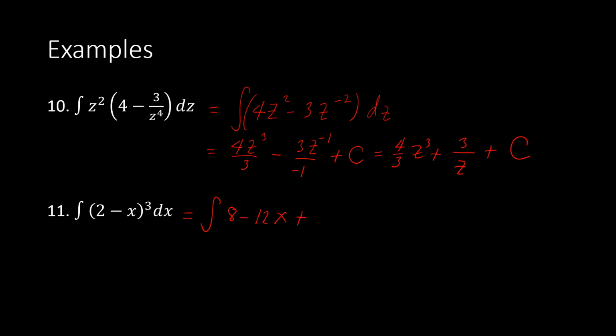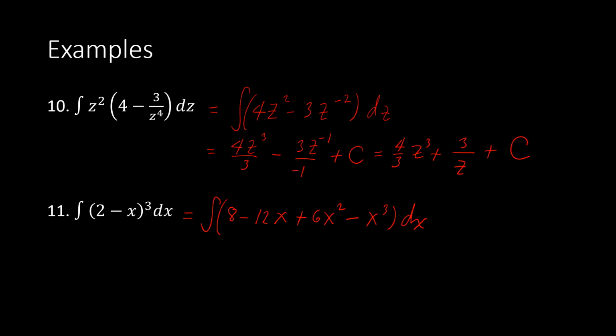Then plus 3 times 2, that will be 6x squared minus x cubed quantity dx. So what we do here is we multiply 2 minus x to itself twice. So 2 minus x cubed. This will be the expanded form.